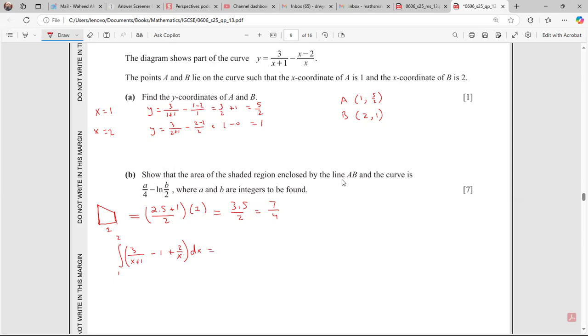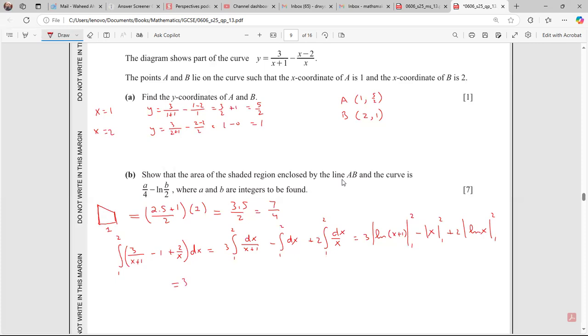It is going to be 3 integral dx over x plus 1 from 1 to 2, then minus integral dx from 1 to 2, and plus 2 integral dx over x from 1 to 2. Easy. This is going to be 3 log of x plus 1, limits from 1 to 2, minus x from 1 to 2, plus 2 log x, limits 1 to 2. No confusion, no problem.